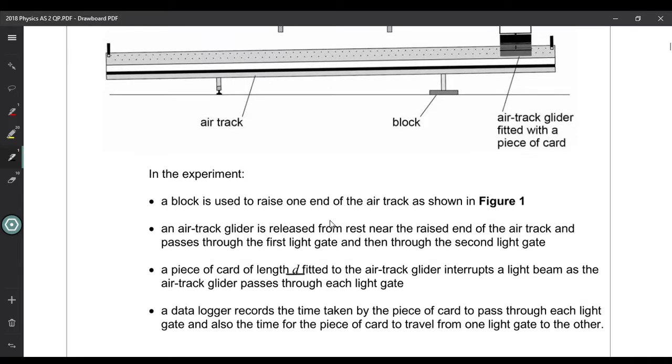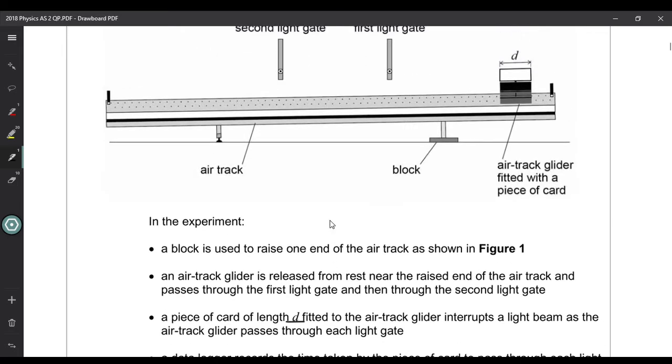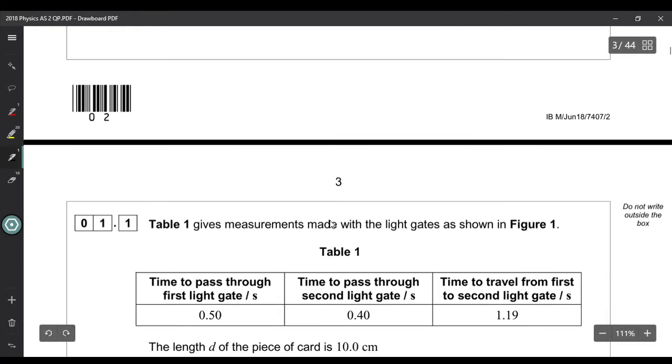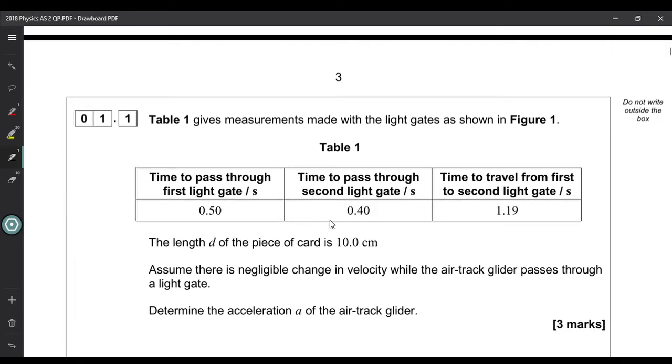A data logger records the time taken by the piece of card to pass through each light gate, and also the time for the piece of card to travel from one light gate to another. So what we've got here, Table 1 gives us the measurements made with the light gates.